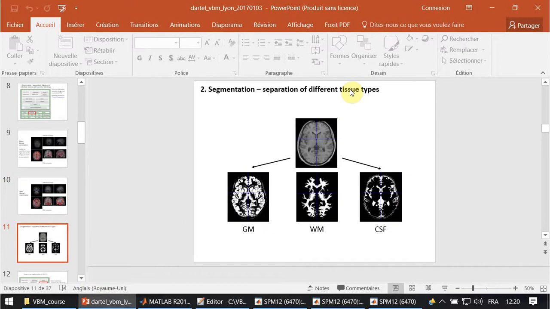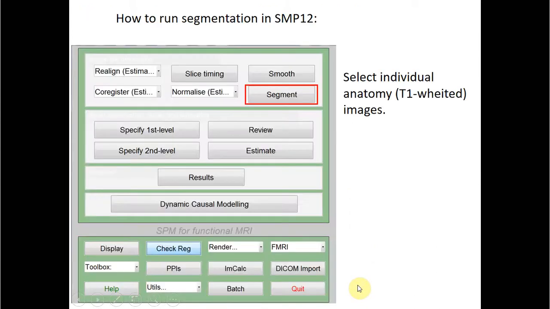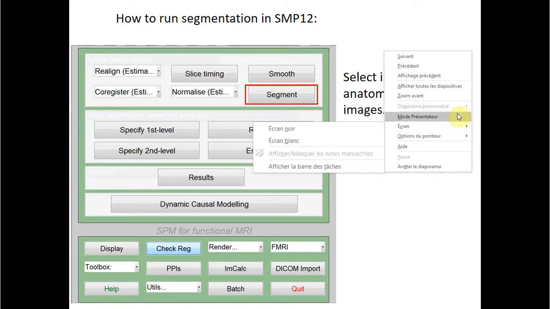And now we go to something more complex. This is what you do on your reoriented original images. And the program will automatically separate different tissue classes, different images, in fact. You can start it from here, the bottom segment on the main menu.